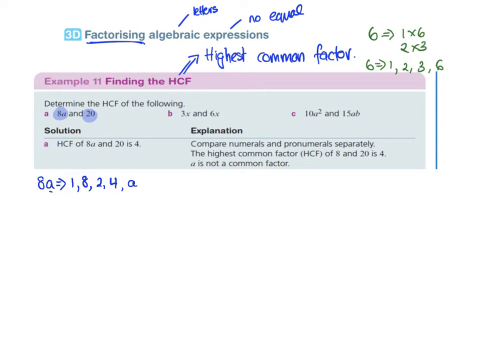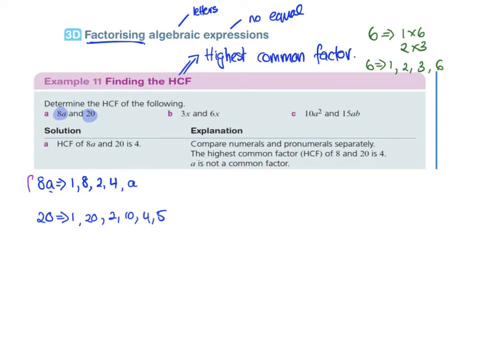Now, if we think of 20, what are factors, things that we can times together to get 20? 2 times 10, good. So we've got 1 and 20, that's always 1, and 2 and 10. Are there other ones? 4 and 5, awesome. Once we know the factors, we try to find one that's in both of our lists.